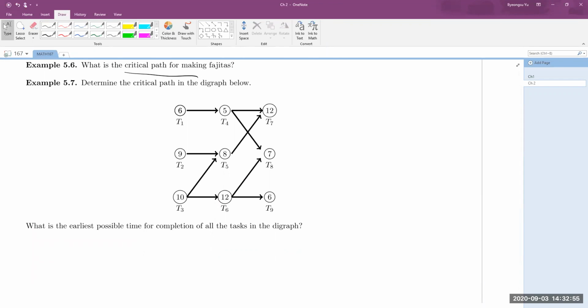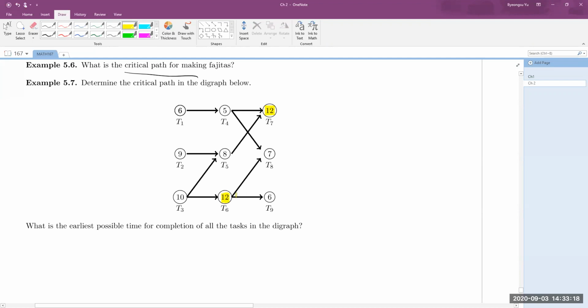So for example, to deal with all the jobs, the job with the greatest completion time is T7 first, right? It has 12 minutes, and T6 is also 12 minutes, right?